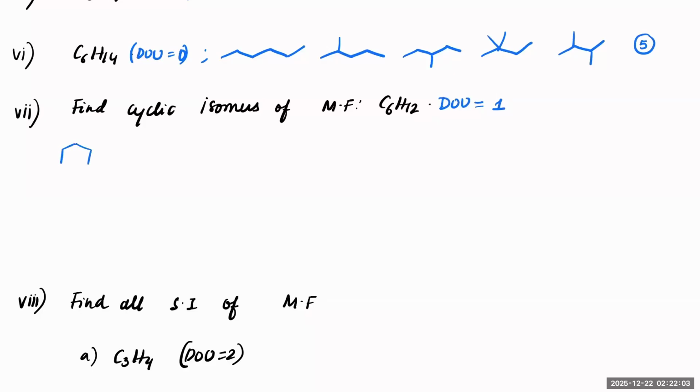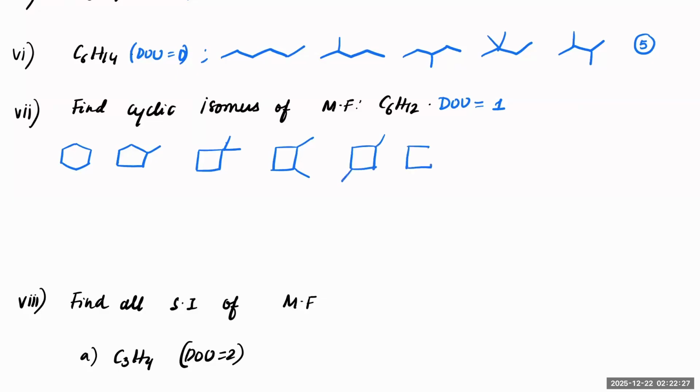So we can have the first cycle like this. Then the next one being cyclopentane with a methyl group. Next one with cyclobutane with 2 methyls here. Keep moving those methyl groups at different locations. I will get these 3.